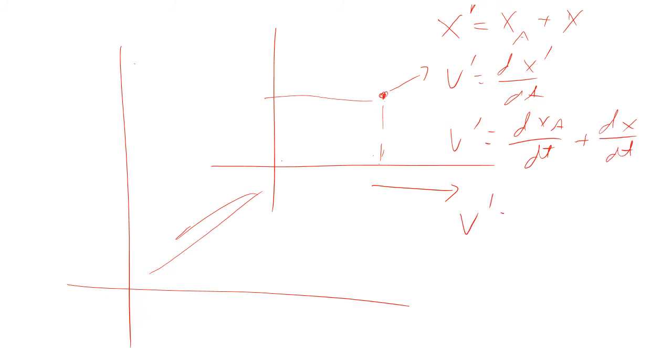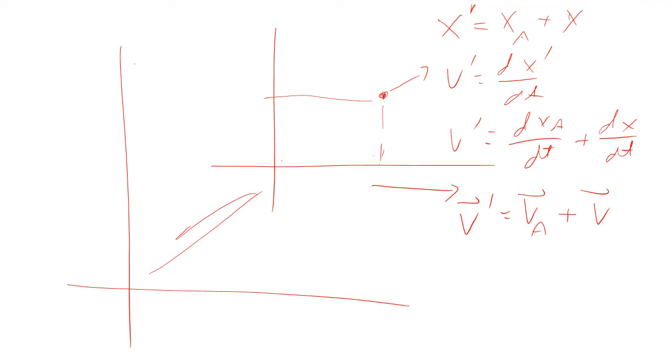In other words, v prime is going to be the velocity of your axis plus the velocity in that axis. So we can actually make these vectors right here, and that takes care of the x, y, and z parts of it. And so this is the idea of relative motion. And you go, oh my gosh, that's kind of complicated.